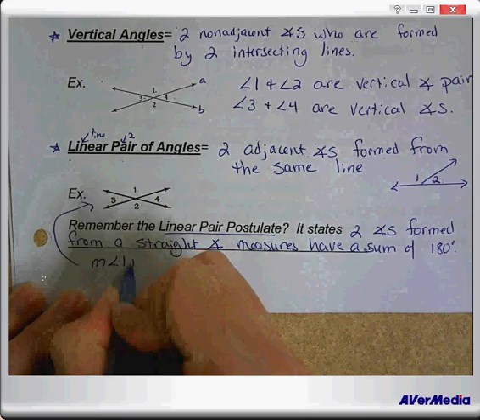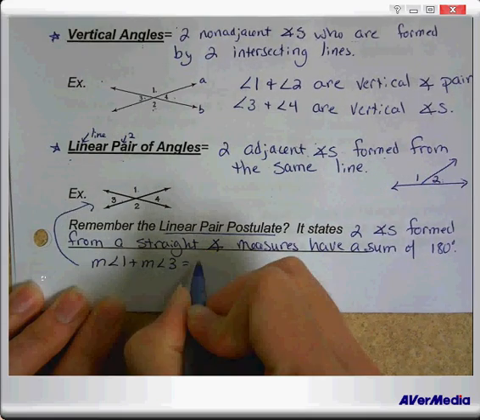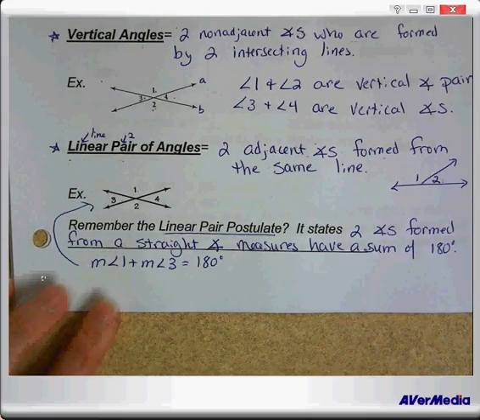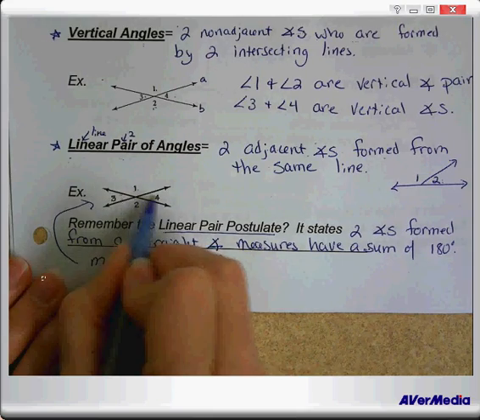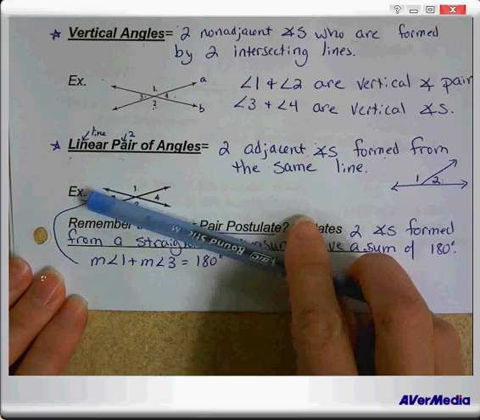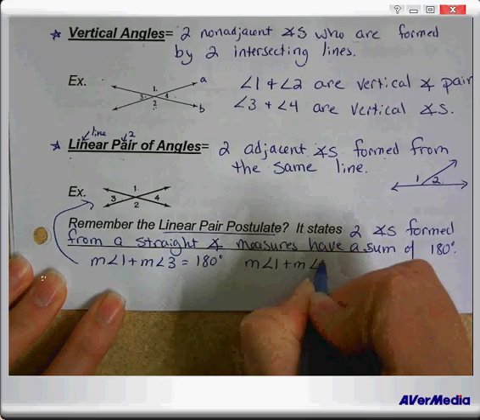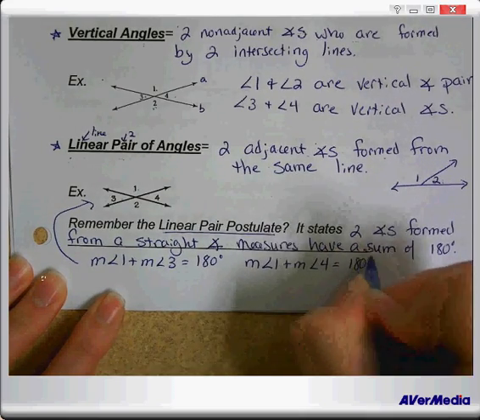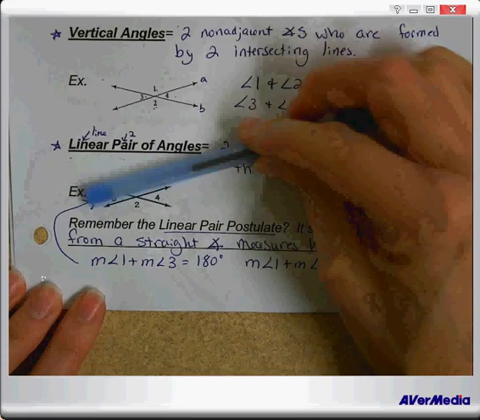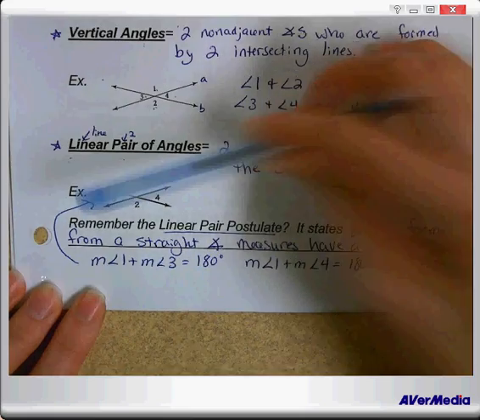That also means this linear pair, remember, we could cover it up, 1 and 4. So the measure of angle 1 plus the measure of angle 4 equals 180 degrees. We can keep looking. Angle 2 and angle 4. So the measure of angle 2 plus the measure of angle 4 is 180 degrees.